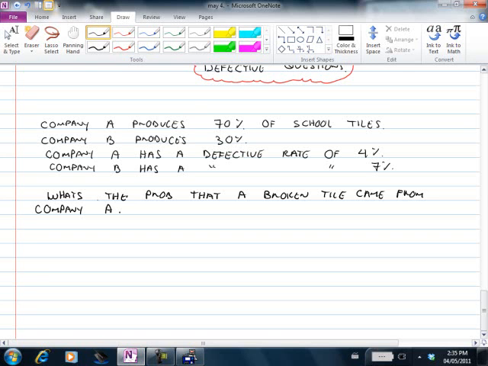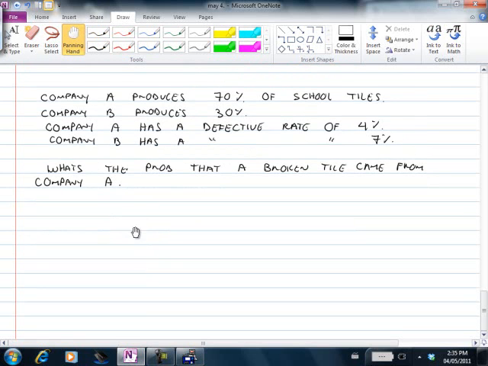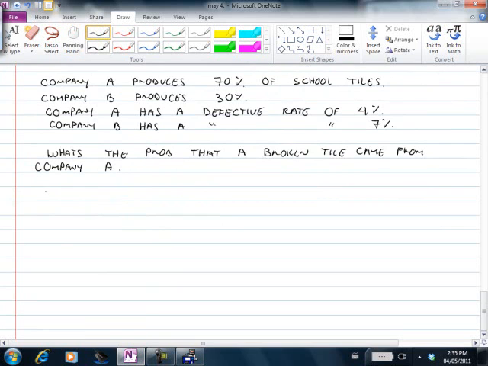This is another conditional probability question where you don't see the words given that. The key is how you set up this question. Set up the formula P, figure out what goes where. It's a given that statement, but it's hidden. Let's see how we can set up the formula first.